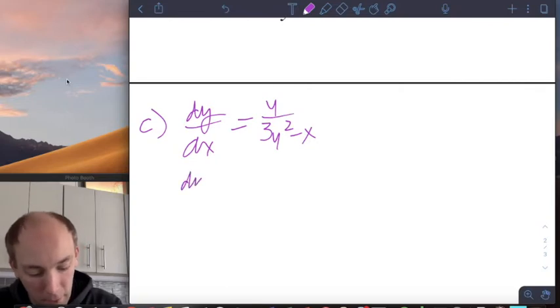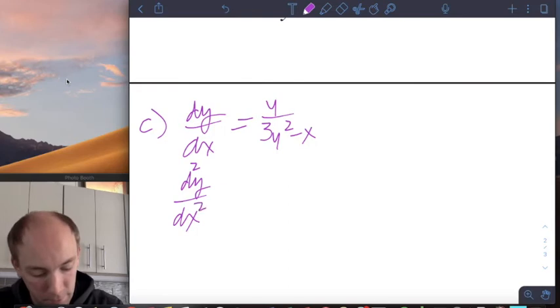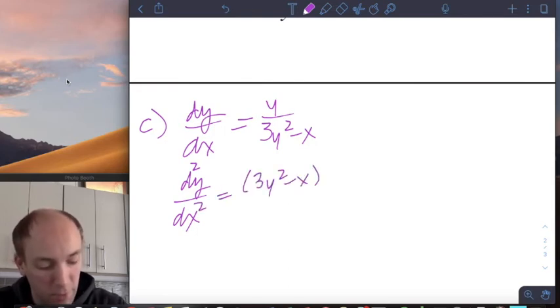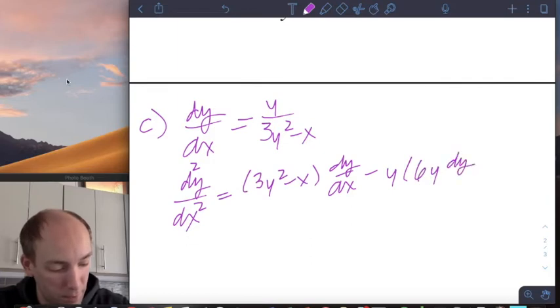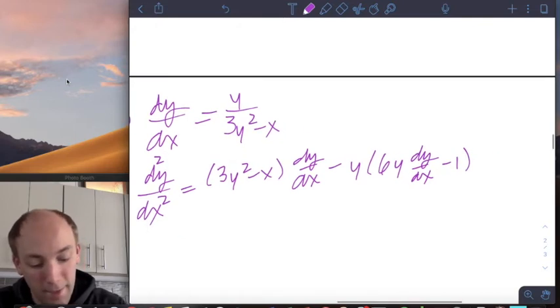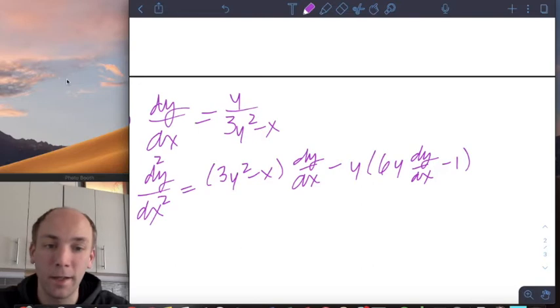So the second derivative would be low times the derivative of the high, dy/dx, minus the high times the derivative of the low, so 6y dy/dx, minus 1. Now remember, when I take the derivative of y with respect to x, we need to add in a dy/dx.